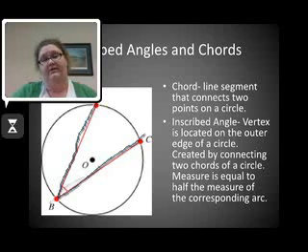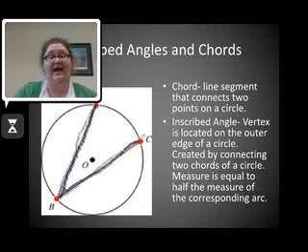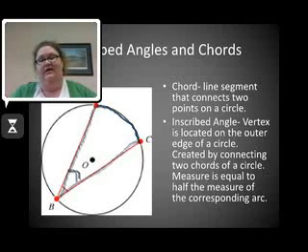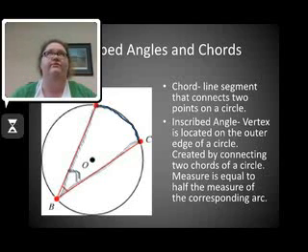Now, the cool thing about the measure of an inscribed angle, so angle ABC, is that it is half the measure of the corresponding arc AC. So, if angle ABC is, say, 25 degrees, that means that arc AC is 50 degrees.